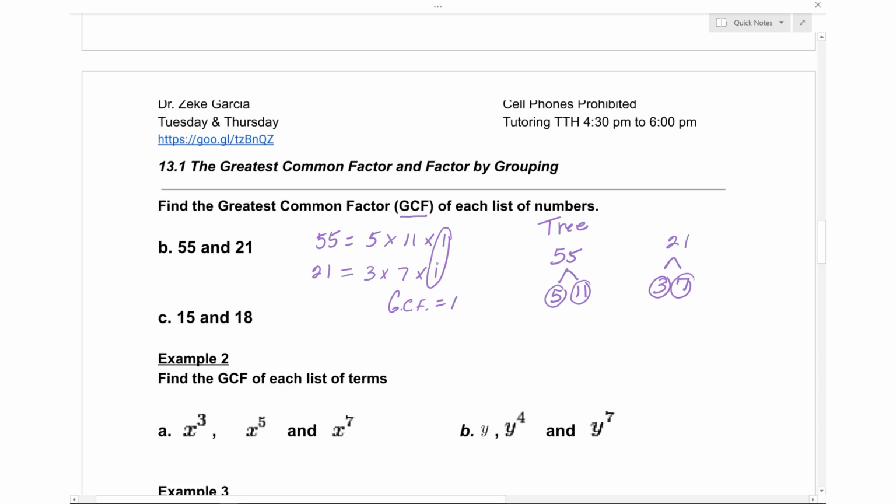So let's go ahead and do the tree for 15 and 18. 15 is 3 times 5. And 18 is 3 times 6, which is actually 3 times 3 times 2, and these are all prime.